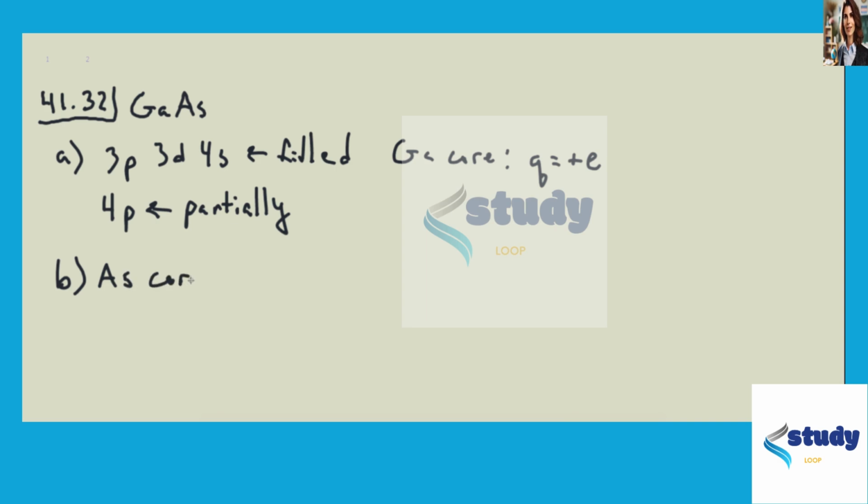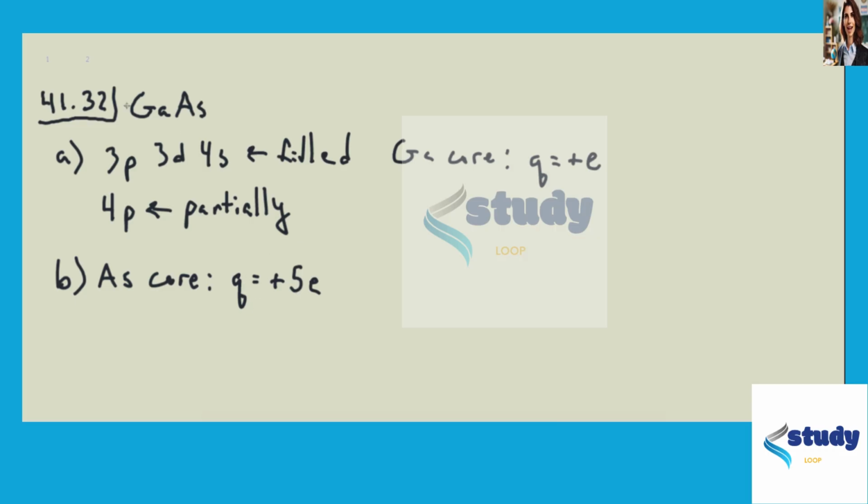And then the arsenic core has a charge of plus 5 elementary charges, because it loses all 3 of its 4p electrons and 2 of its 4s electrons.